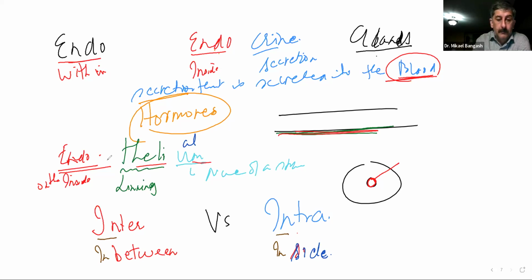But here if you look at it, it's inter and intra. They both have something to do with in. But if you take any structure, this is going to be inside the structure, so that will be referred to as intra.